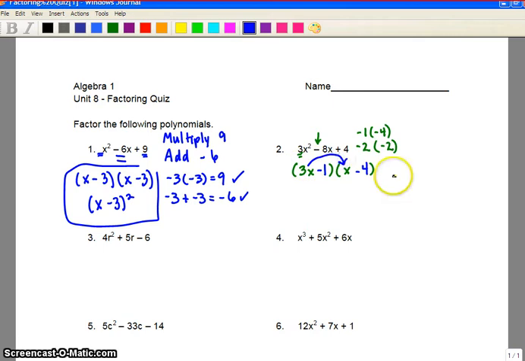Well, 3x times x is a 3x squared. 3x times a negative 4 is a negative 12x. Negative 1 times x is a negative x. And negative 1 times the negative 4 is a positive 4. If I combine those middle terms, a negative 12x minus an x is a negative 13x.